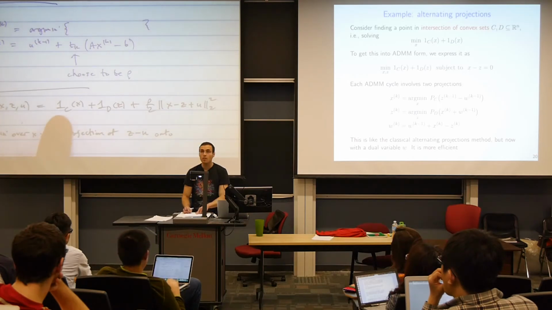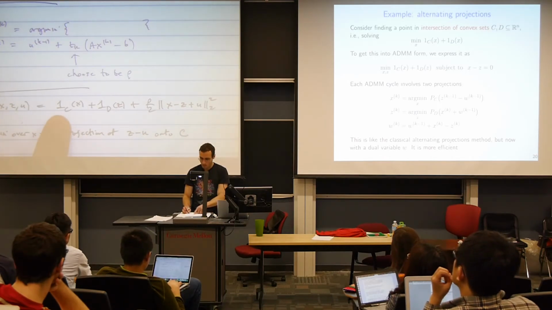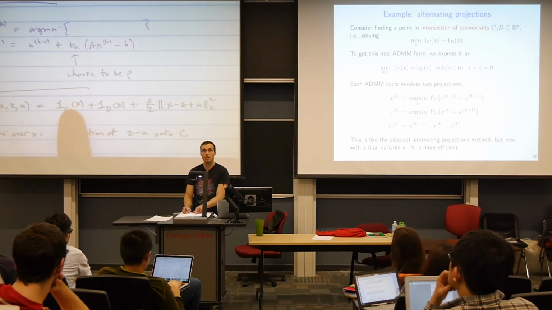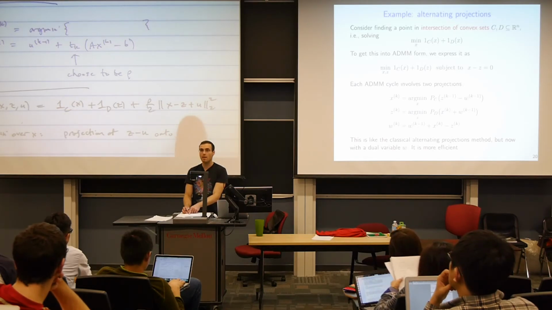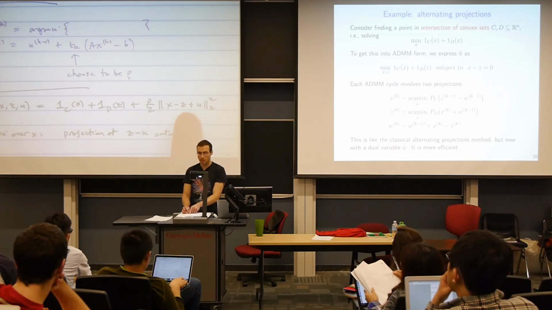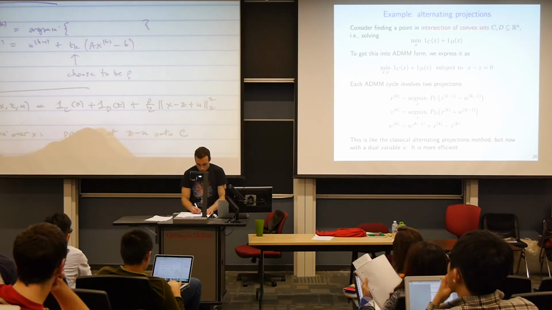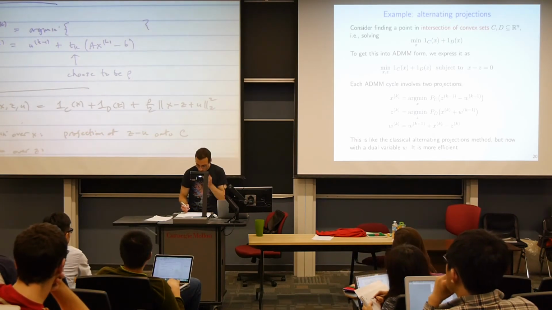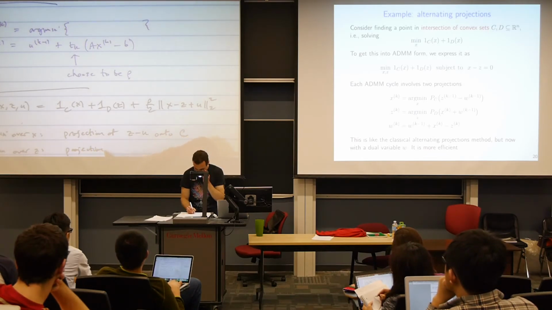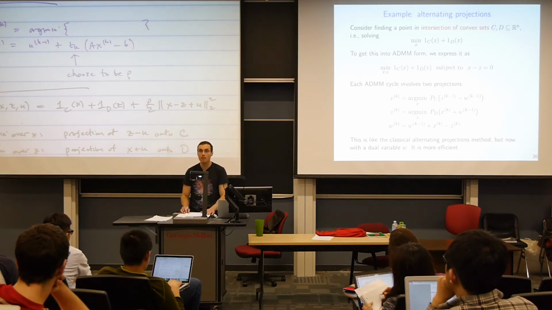If I'm going to minimize this over x, then I have to make sure that it's in the set C. Otherwise, this is infinite. And to make this as small as possible while staying within the set C, it's just a projection. Minimize over z. It's now a projection of x plus u onto D.